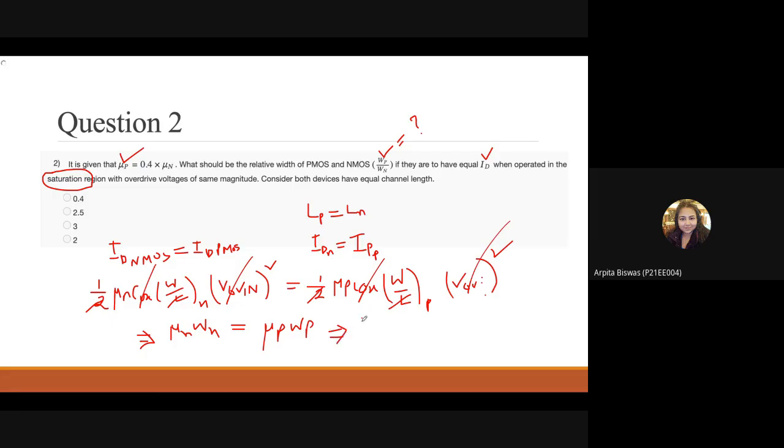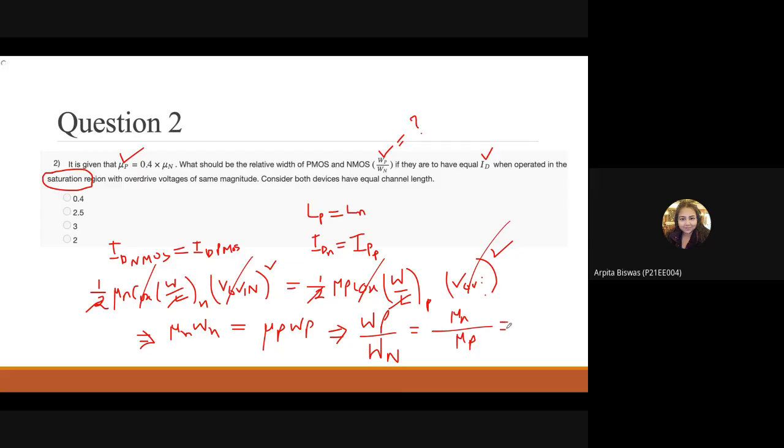So what is the value of this WP by WN? mu n by mu p. mu p equal to 0.4 into mu n.